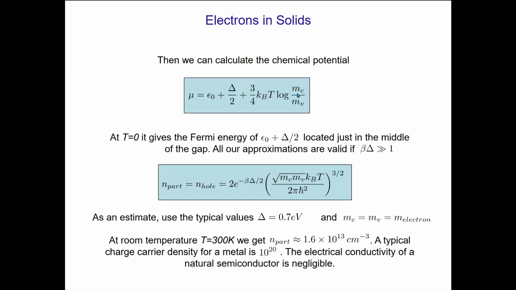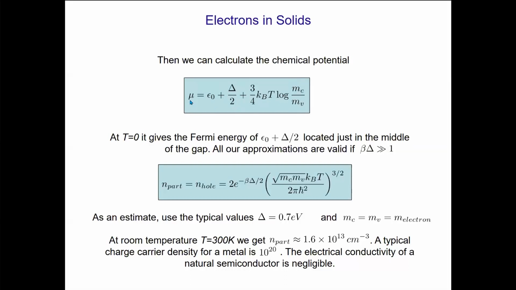And if we assume approximately that the effective masses of electrons in the conduction band and the valence band, above the gap and below the gap, are the same, this contribution is equal to 0, and we see the expression for the chemical potential.